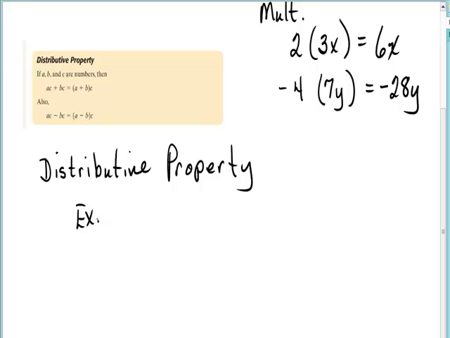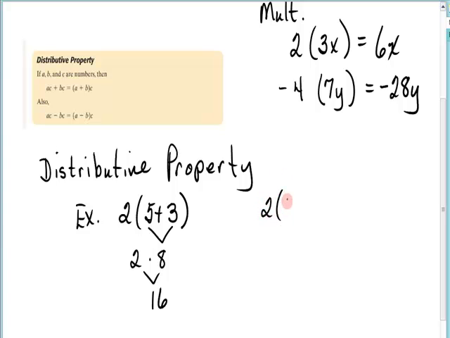You don't usually use the distributive property when all you have are numbers, but you could if you had 2 times 5 plus 3. Now, good old Aunt Sally would tell you to do what's in parentheses first. 5 plus 3 is 8, and 2 times 8 is 16. That is the way I would do that, simplify that expression. But you could do something we're about to visit called the distributive property.